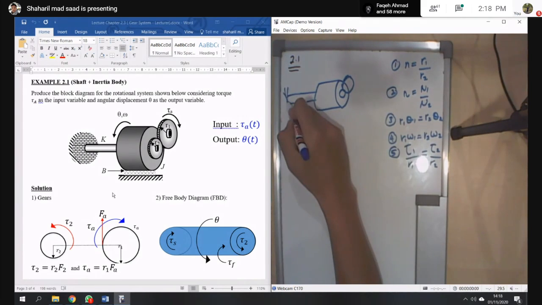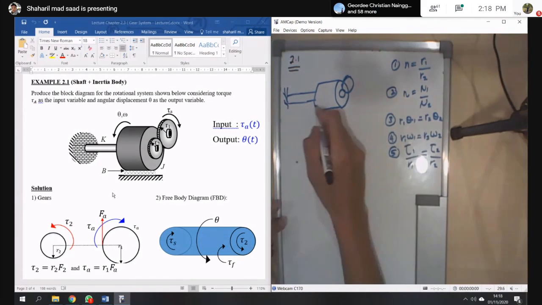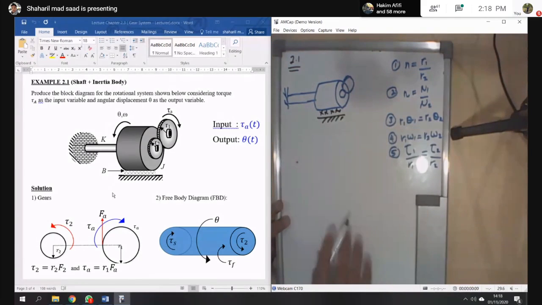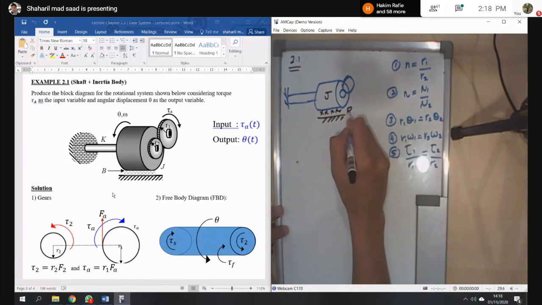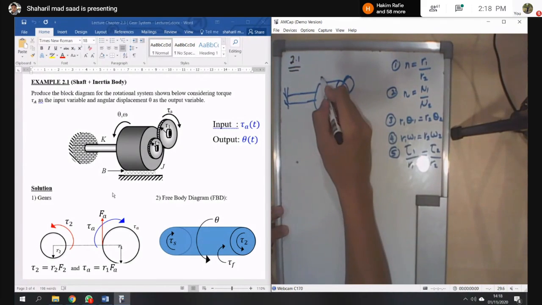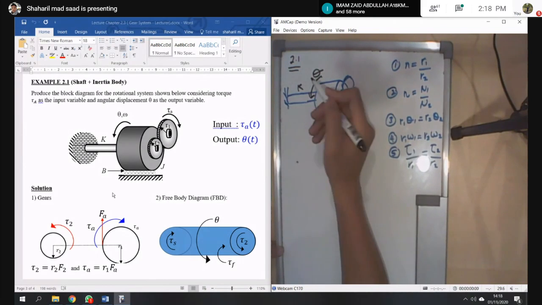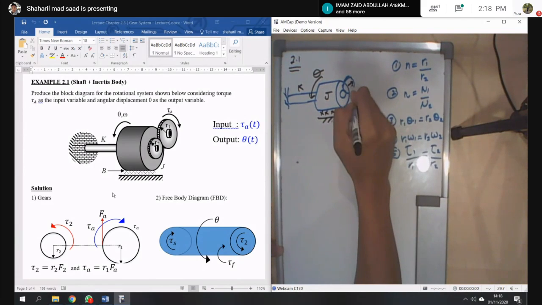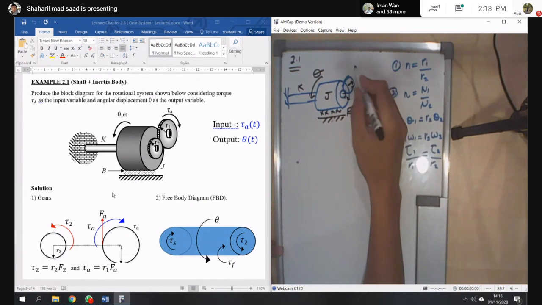Now you have some rigid body here. Then you also have some damper here. This one gives you the J, this one the beta, and also you have the angular displacement theta, and this one the shaft K, and this one gives you R1, this one gives you R2.